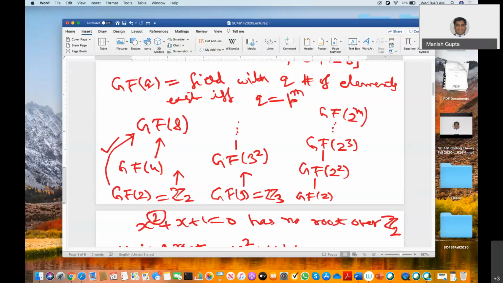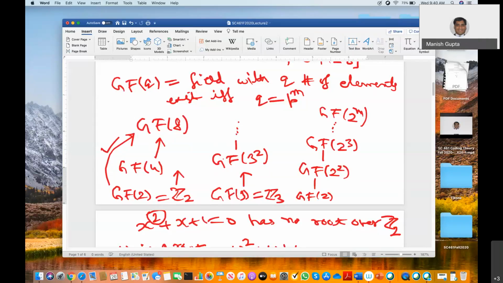Yes, for the equation x square plus bx plus y, we are taking that particular equation which has no root at x equal to 0 and x equal to 1. Yeah, basically we have to check that the equation has no root in the ground field.